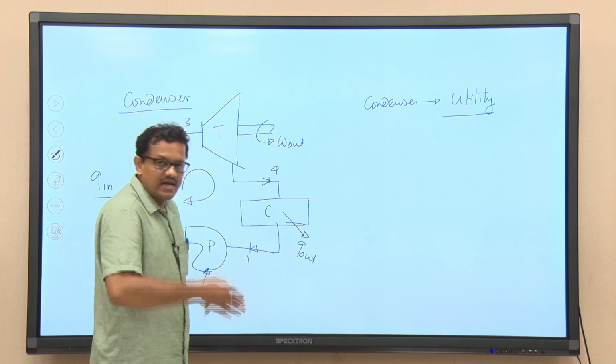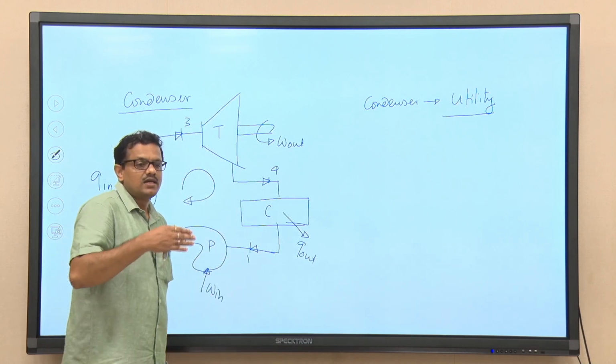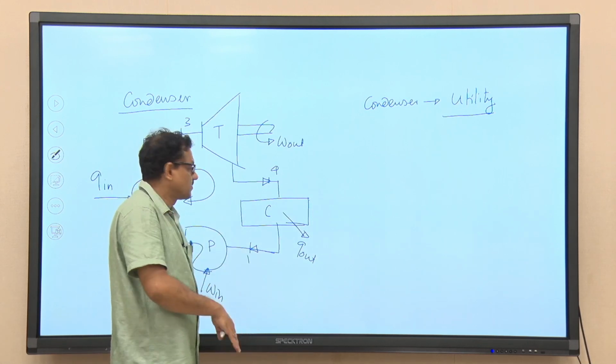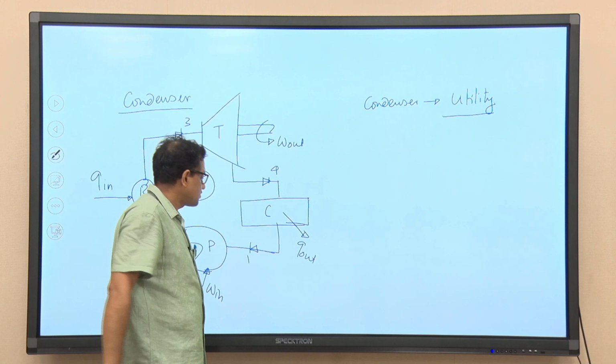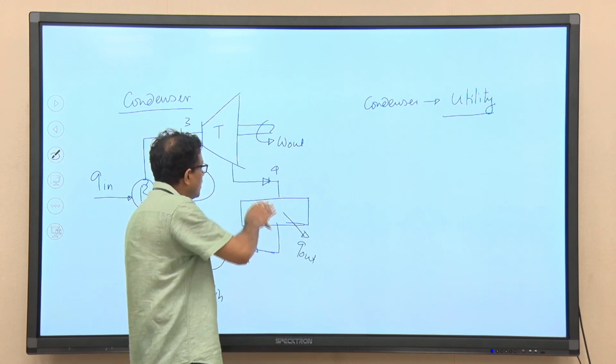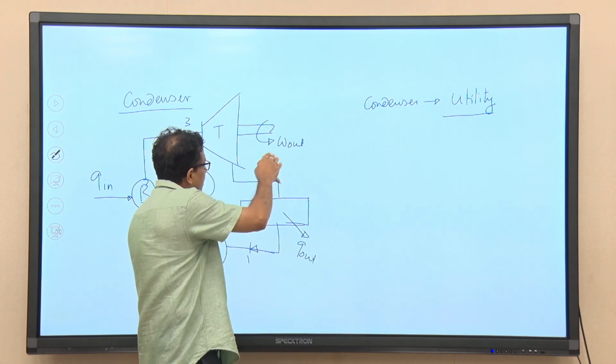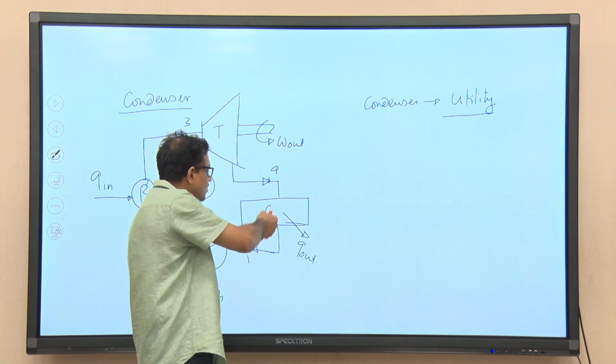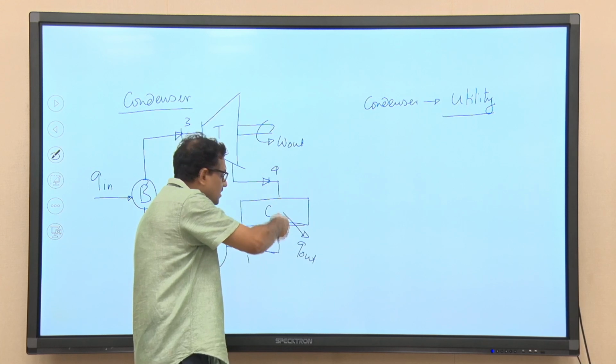So, we can grade the energy, that is work and heat, in different forms. What is important is that the work output is not equal to the heat input, and some amount of energy is getting rejected in this condenser.